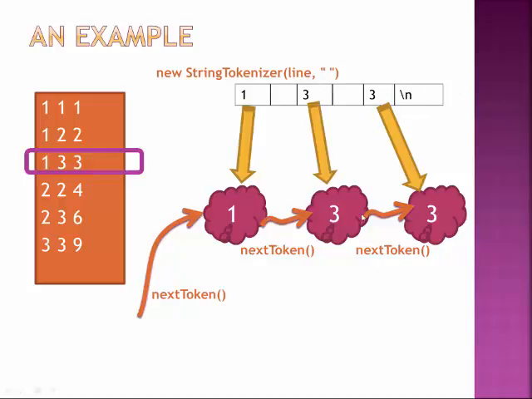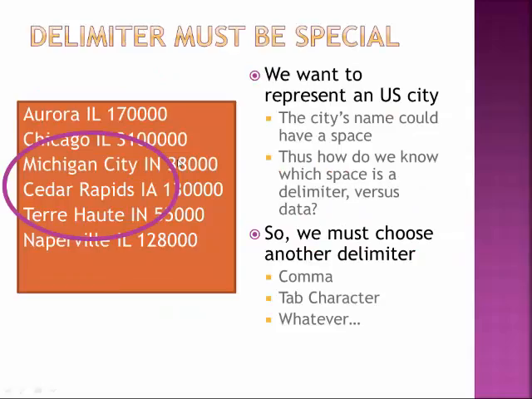It turns it into 3 tokens, a linked list, if you will, where I start with the first token, get the next token, get the next token, and then any other ask would return null. There are no more tokens after that. So you can see the line gets broken into 3 objects, each of which is a string to start with, and then I can take those strings and turn them into numbers.